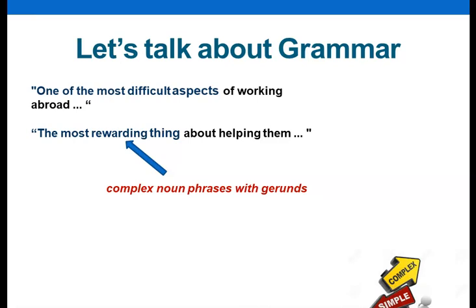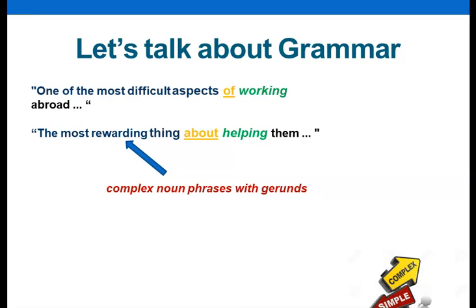When we use noun phrases, we usually use prepositions. Here they are, of and about. Prepositions are used in the English language to connect the words in the sentences. So, one of the most difficult aspects of, the most rewarding thing about, is an example of a noun phrase with a preposition, and then we will notice that they are followed by gerunds, the ing form: working, helping.